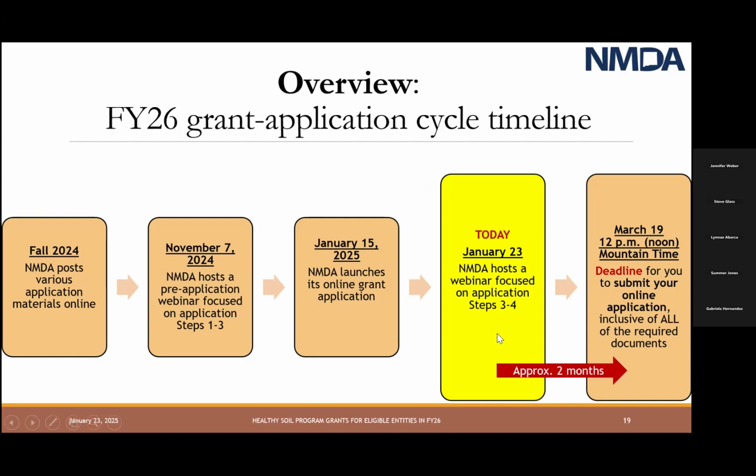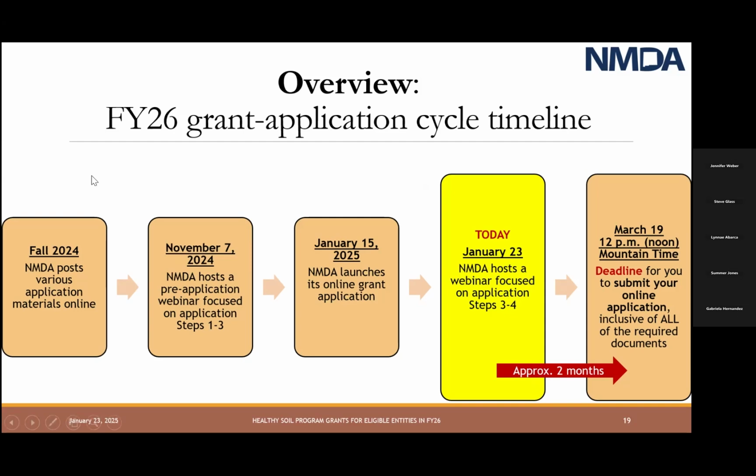And then today, January 23rd, we have our application webinar to help you go over steps 3 through 4 of the application process. And you have roughly 2 months to complete the application and get it submitted by the deadline of March 19th at 12 p.m. Mountain Time. That is noon.